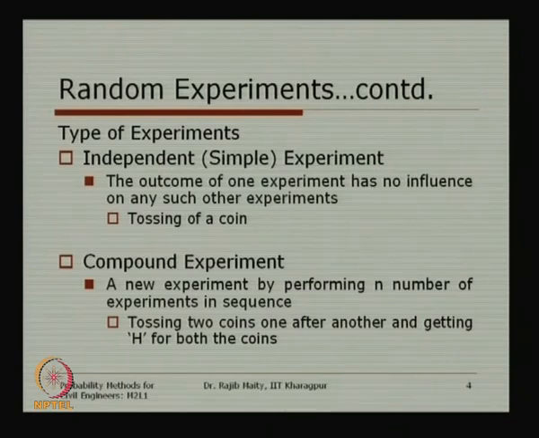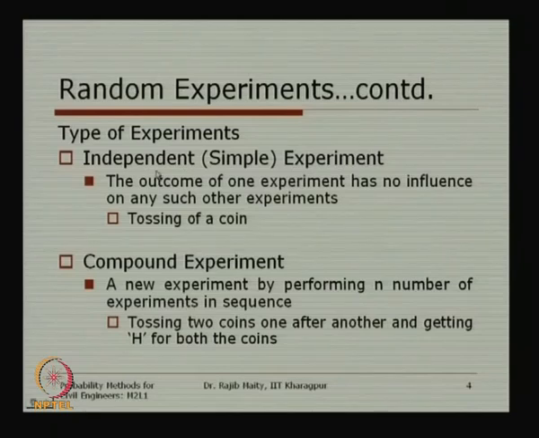There are different types of this kind of experiment. One is the independent or simple experiment, and the second one is the compound experiment. In the independent or simple experiment, the outcome of one experiment has no influence on any such other experiments, and it is also not dependent on the outcome of the just previous trial.